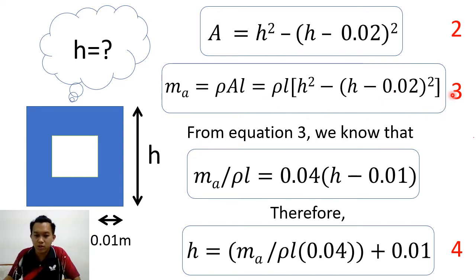From equation 3, by putting rho L on the left hand side and simplifying, we can get this equation. Therefore, by rearranging, we know that h is equal to the square root of MA over rho times length times 0.04, plus 0.01. Therefore, the value of h is solved.